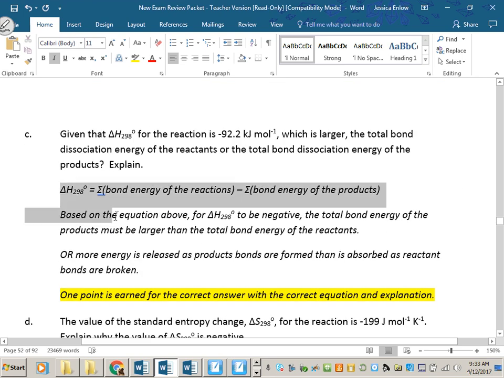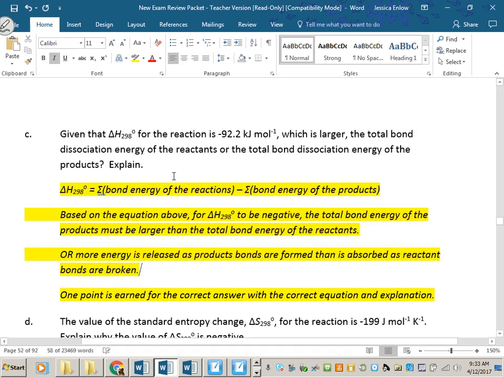So, what are some other points? If you mentioned the equation for the bond dissociation, yeah, definitely reference that, as they love seeing diagrams. If there's a simple diagram or equation you can use to explain, it shows your quantitative and qualitative reasoning together. So it's okay to do both. But the verbalizing of that is it must be total more exothermic than endothermic, which is bond forming versus bond breaking.